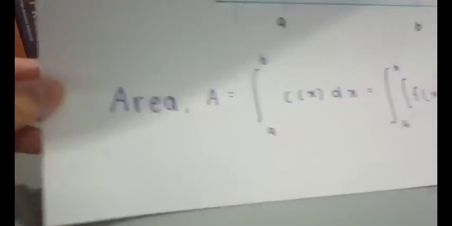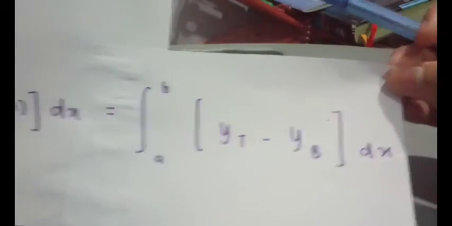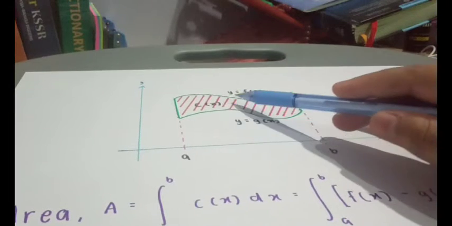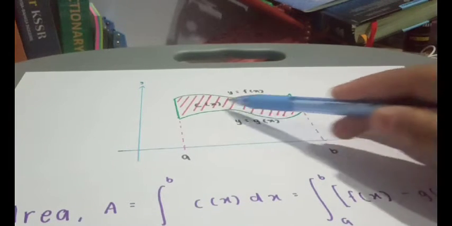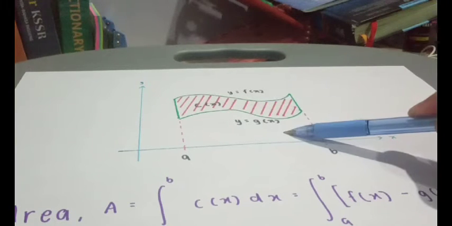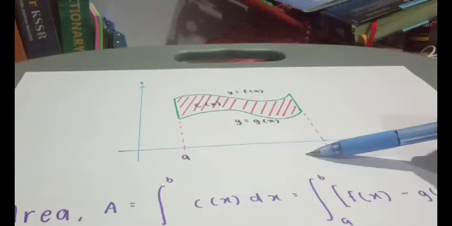We need to use this formula. Okay, you can see it. The formula to find the area that we shaded is the integral of f(x) minus g(x).